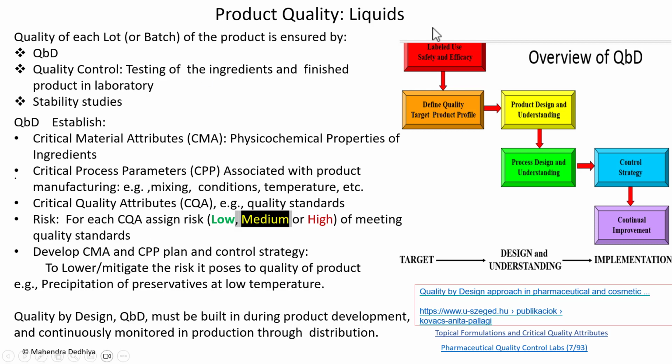It starts with defining the product profile, product design understanding, formulation, process design understanding, developing a control strategy, quality controls, manufacturing and CMA strategy, and continuously improving. This is a requirement for pharmaceuticals.